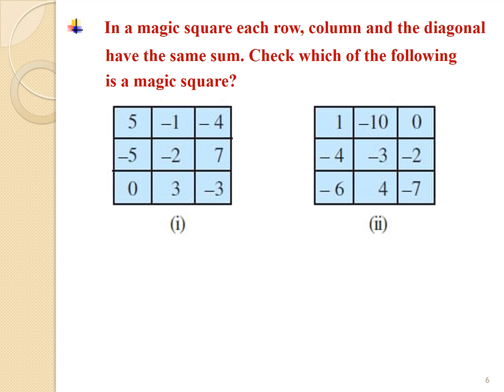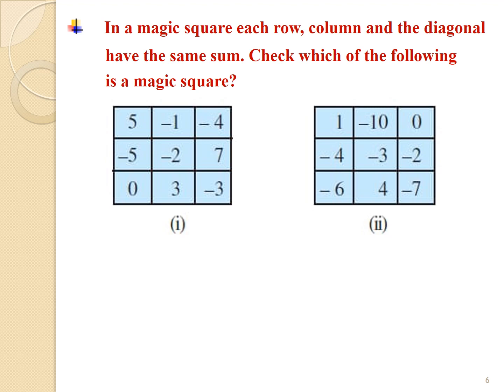Students, in order to conclude our answer that yes, a given square is a magic square or it is not a magic square, we have to find the sum of each row, column and the diagonals.